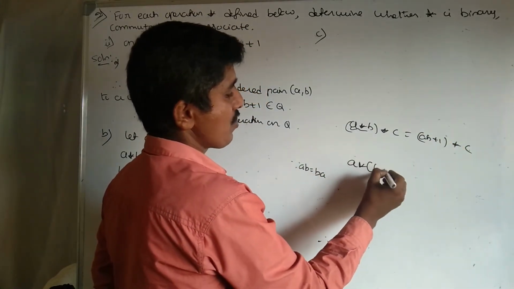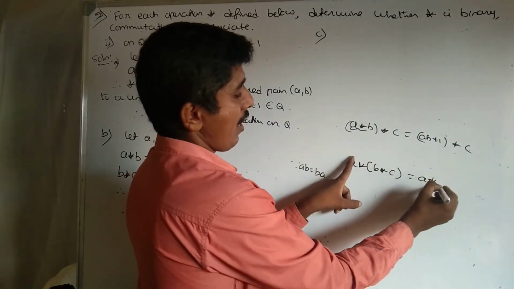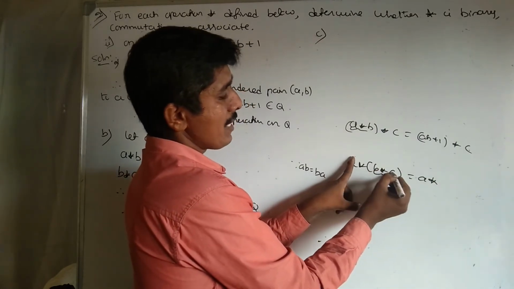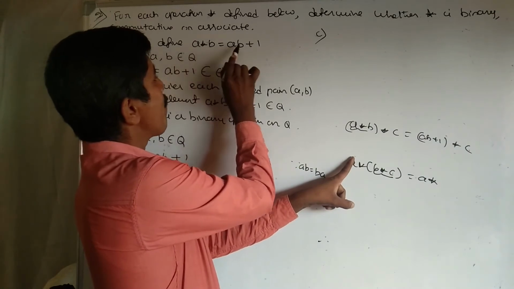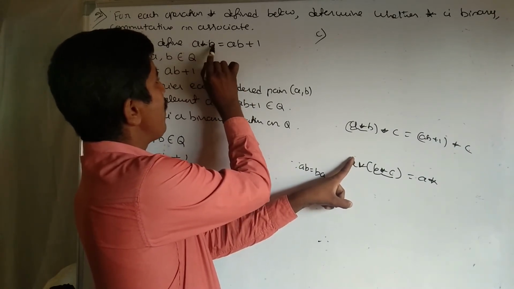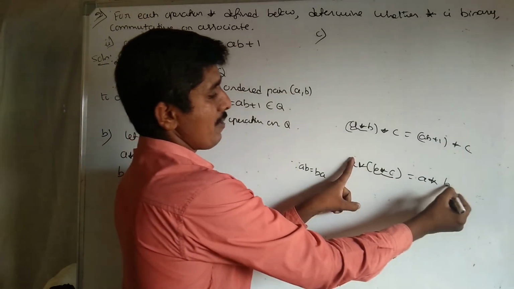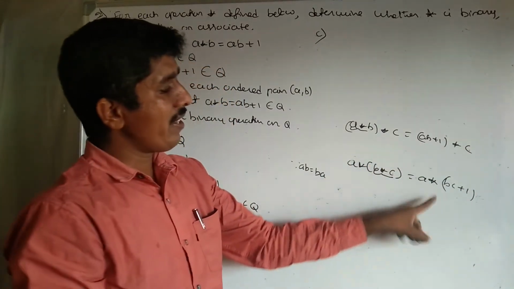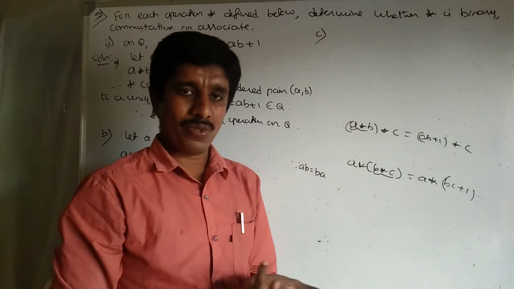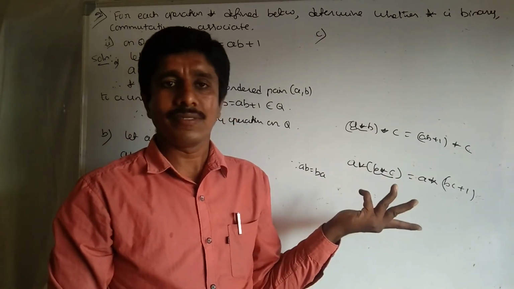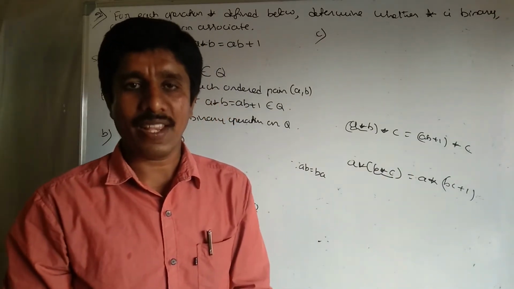Suppose A star (B star C): B star C is BC plus 1. Clearly these two are different, not equal. Not equal means clearly it is not associative. We can directly take particular numbers and prove that it is not associative.